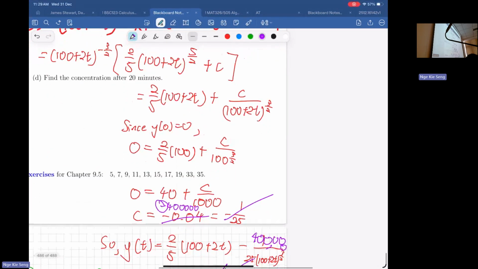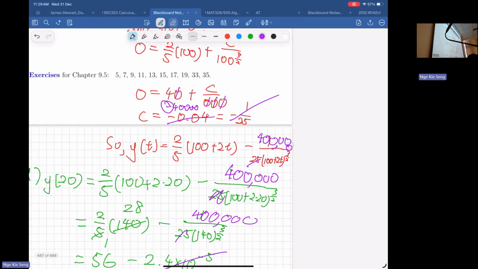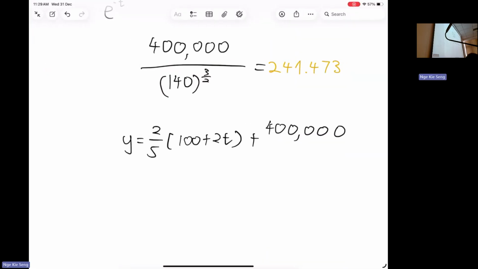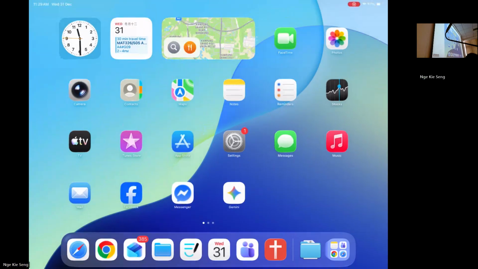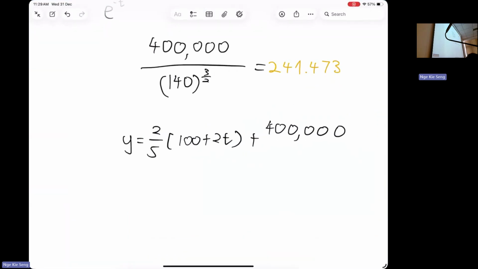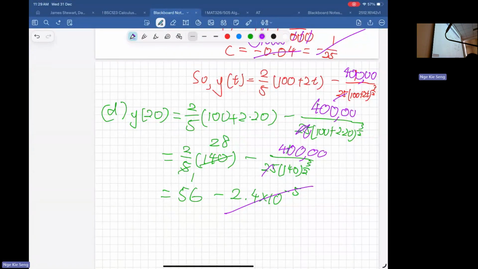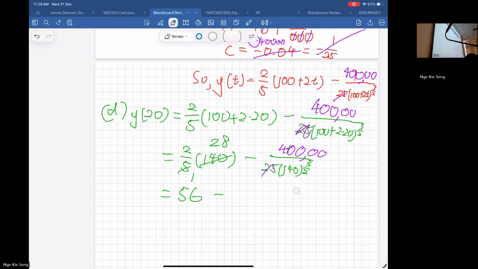Oh, I think too many zeros, right? 1, 2, 3, 4, only 4 zeros here. So we got an extra 0. Yeah, I think this makes more sense now. So it should be 24.15. Okay, I think we got it.